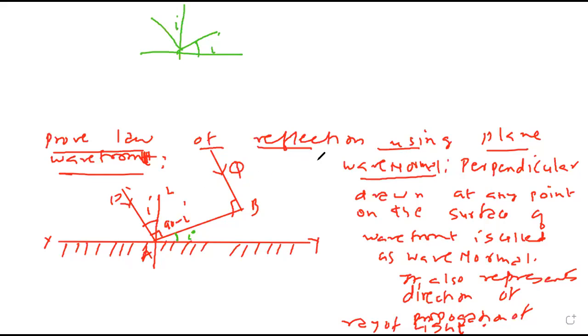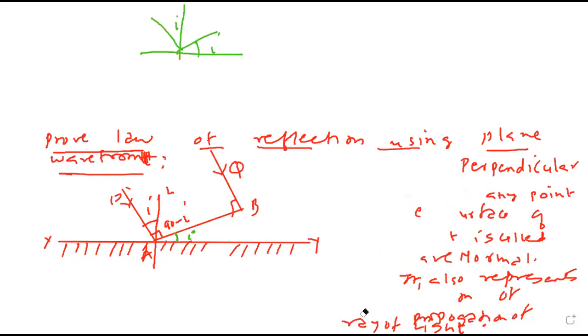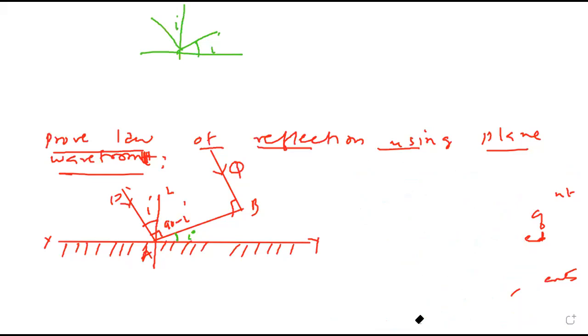Okay. Draw the diagram also, that much. Plane wavefront AB bounded by rays PA and QB, incident on plane reflecting surface XY at an angle of incidence I. Diagram done, this much.